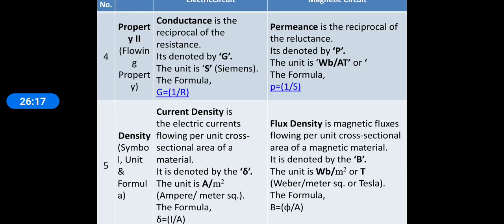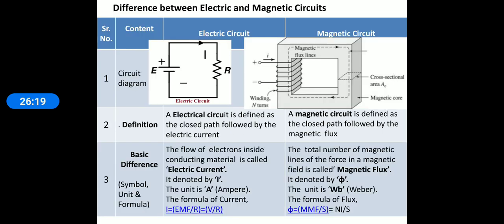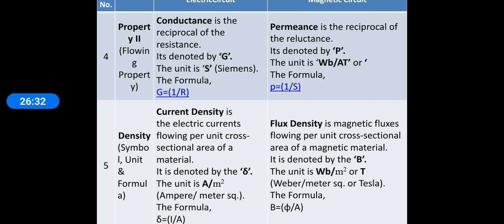That is the difference between electric circuit and magnetic circuit. First, circuit diagram. In an electrical circuit there is the current. In a magnetic circuit there is the magnetic flux. Then in an electrical circuit there is the conductance.